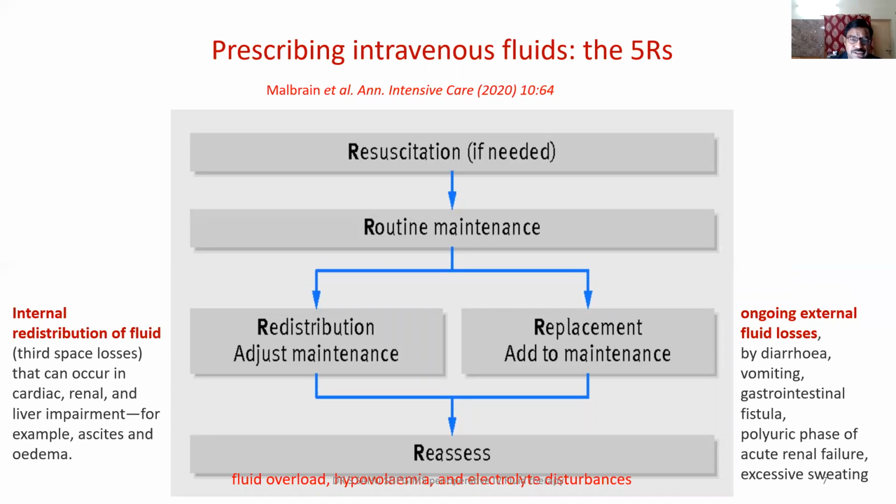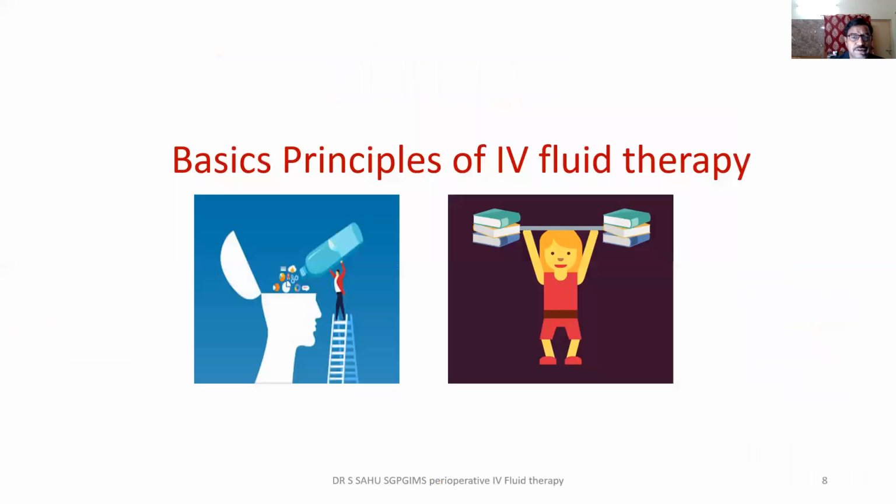Either we give for resuscitation, or for routine maintenance after resuscitation and patient stabilization, or for replacement of ongoing fluid losses, or because of redistribution, to maintain the internal redistribution of fluid that occurs especially in ascites or edema, or when we reassess our resuscitation, whether fluid overload is there or still hypovolemia is there, or to correct electrolyte disturbance. These are the 5 R's for which we prescribe fluid perioperatively.